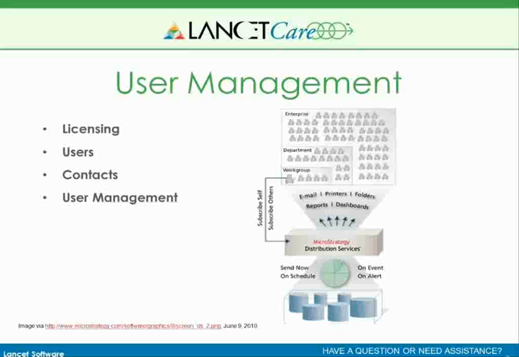In distribution services, you have two different types of what I'll call recipients. The first is users. Users access MicroStrategy through either web or desktop, and a user will have privileges and permissions assigned to them that defines what actions they can perform and what objects they can access.